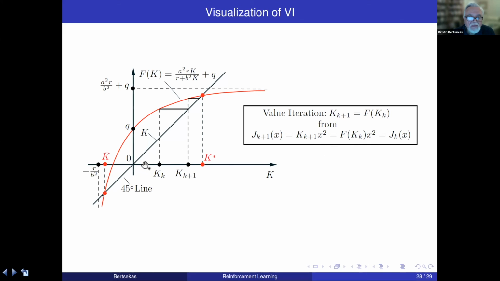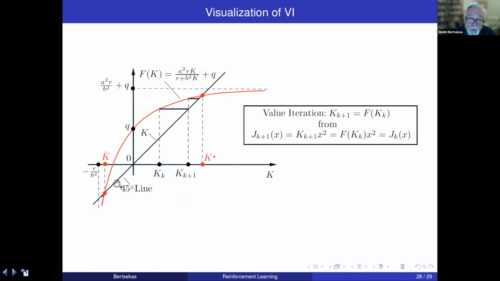Start somewhere, go horizontally, up again, and so on. And you can see from this figure that if you start anywhere from any positive initial point, then you're going to converge to this point, K star. If you start from anything that's on this side of the axis, larger than K star, again, you're going to converge to K star. In fact, faster.